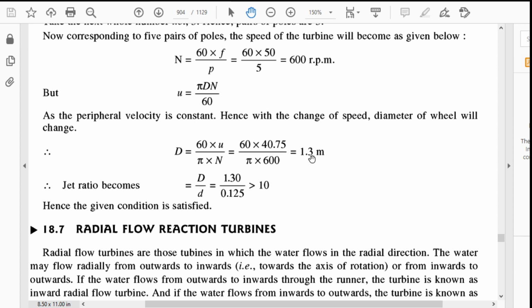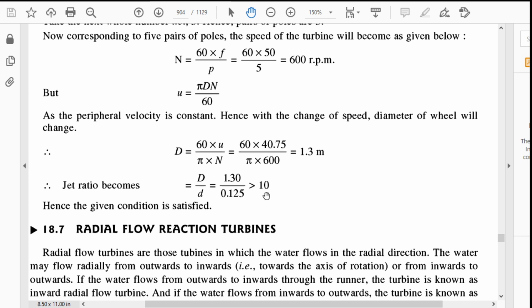Now for this diameter and the diameter of jet, we have to again find out the jet ratio. The jet ratio will be capital D upon small d. It will become greater than 10. That means the condition that they have given is satisfied here. They have given that the jet ratio is not to be less than 10, that means it should be greater than or equal to 10.